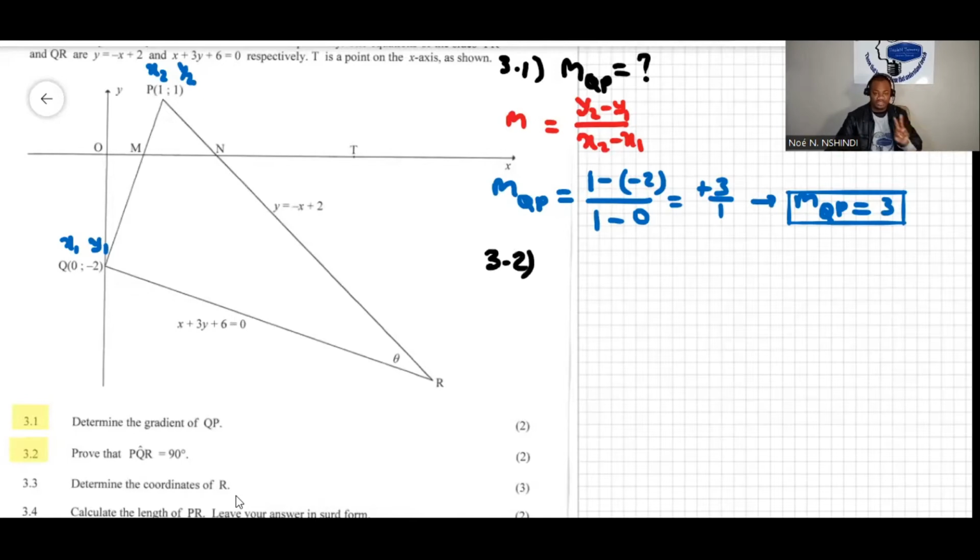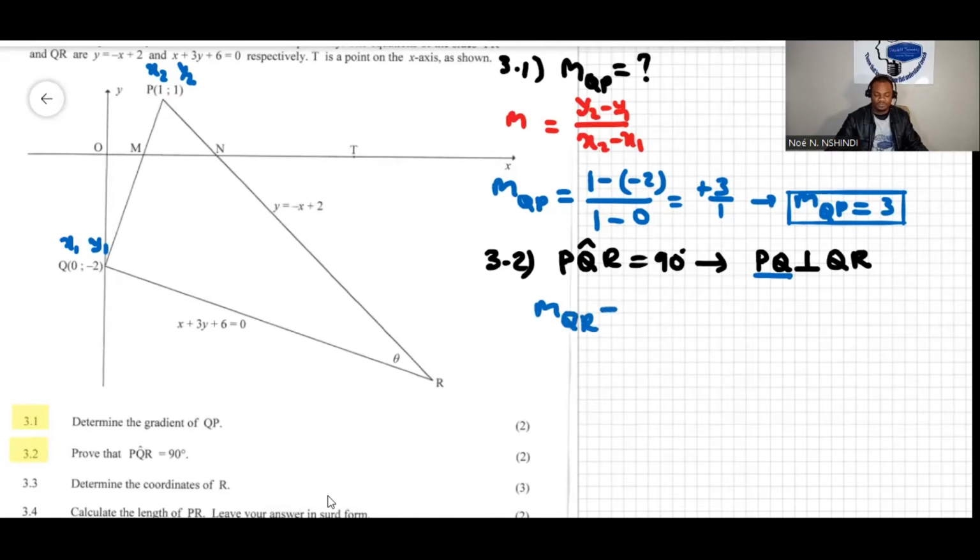We know that two lines form an angle of 90 degrees, it means that PQR equal to 90 degrees implies that PQ is perpendicular to QR. Two lines are perpendicular if the product of the gradients equals negative 1.